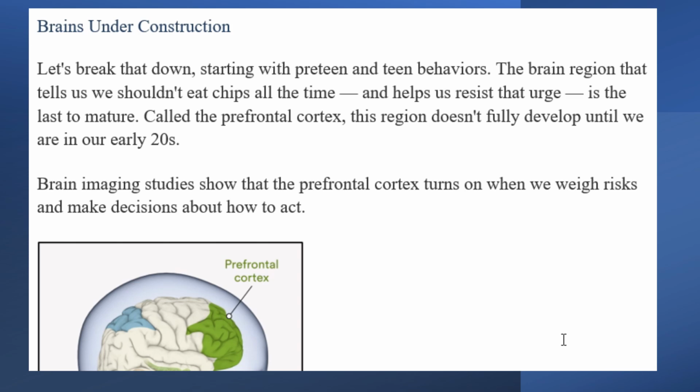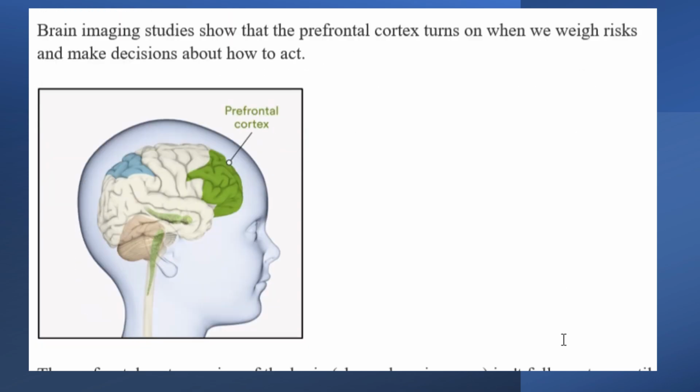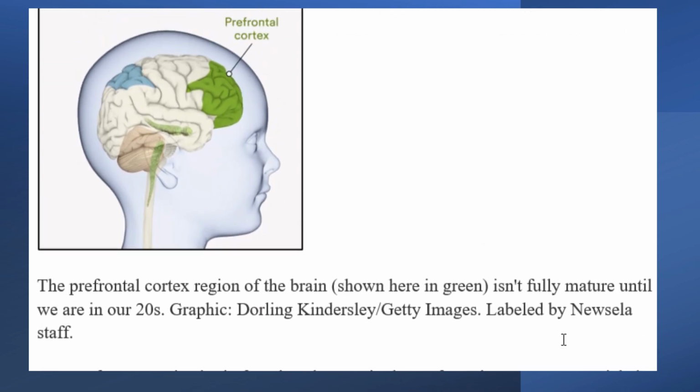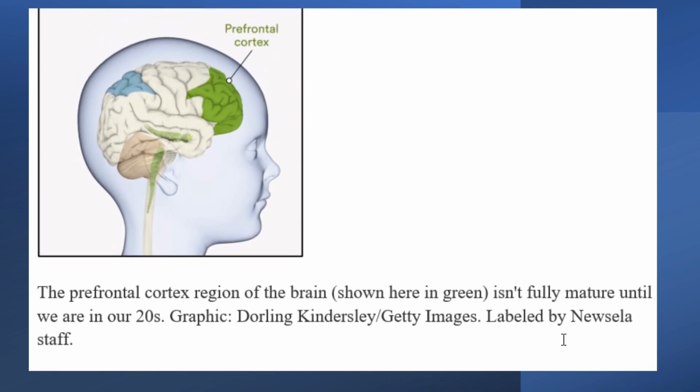Brain imaging studies show that the prefrontal cortex turns on when we weigh risks and make decisions about how to act. The prefrontal cortex region of the brain, shown here in green, isn't fully matured until we are in our 20s.